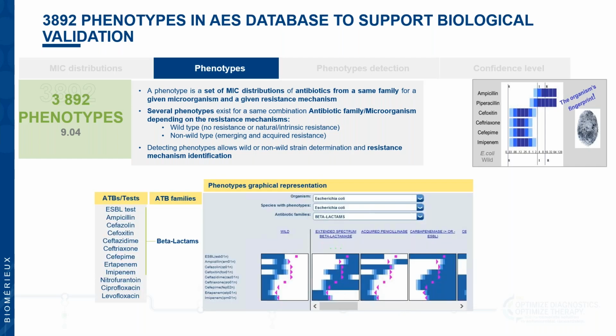The antibiotics on the AST card belong to several families, and in the AES database, we then have the expected MIC distributions for the phenotypes within each antibiotic family. What you can see in the example on the screen is for beta-lactams, and you have the wild type on the left with the different expected MIC ranges for these phenotypes on the right. As I said, in version 9.04, we now have a total of 3,892 of these phenotypes in the database.